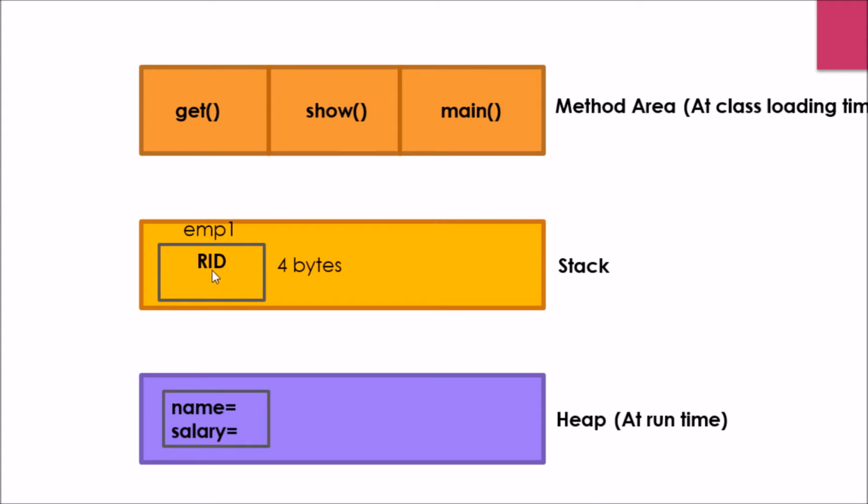So this variable holds the RID, that is, the address of the object created by the new operator. This is a local variable and this is a class instance, or you can say object. The address of this class instance is held by this variable, which is of 4 bytes.